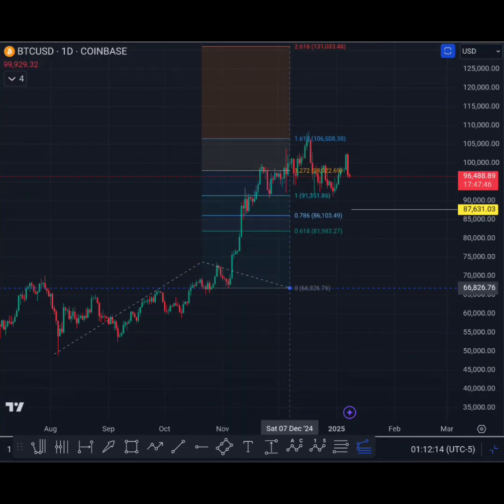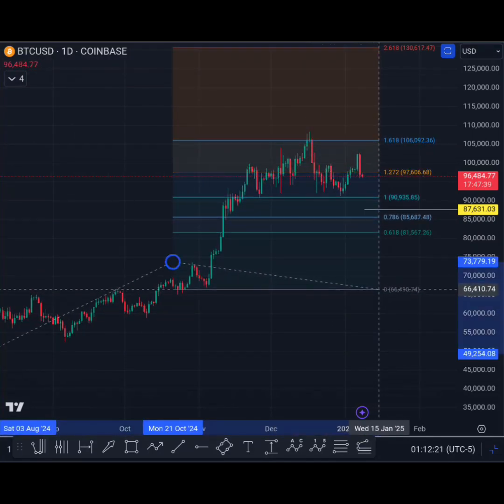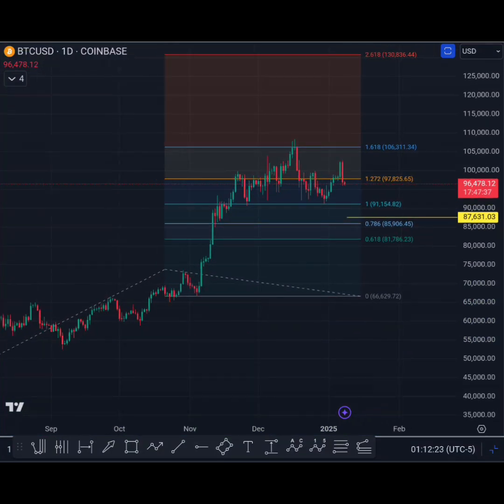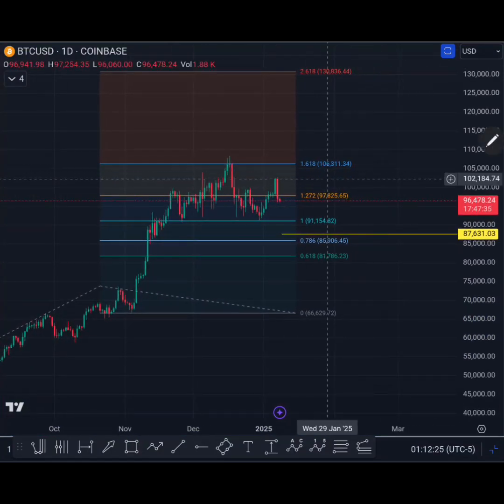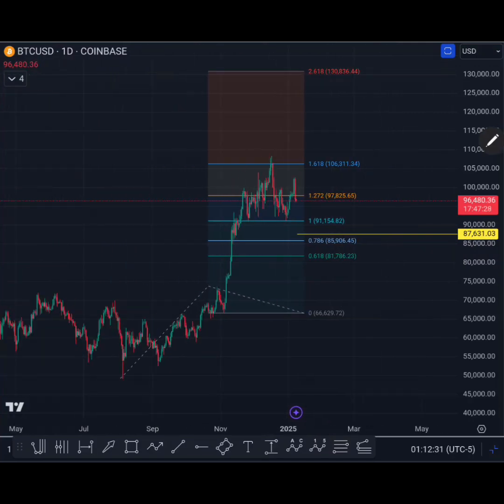Retrace for a wave 2 right there, projecting the wave 3 target at the 1.618, which was hit beautifully so far. That was 106,300. Wave 5 target should be 130,000, but first we have to complete the potential wave 4.